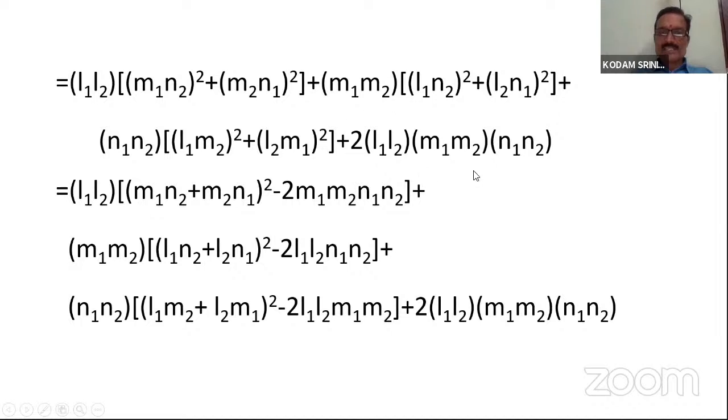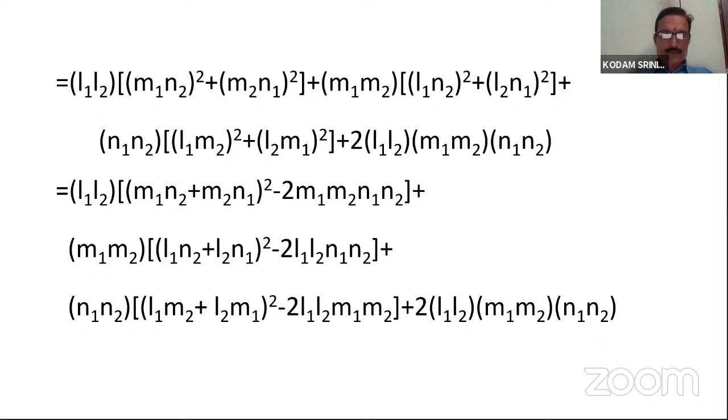Now I am writing this step as it is at the last step, that is 2 L1 L2 M1 M2 N1 N2. Now just observe here, we have to be careful while writing. By taking L1 L2 as common, inside that bracket no L will be there, so M and N will be there.